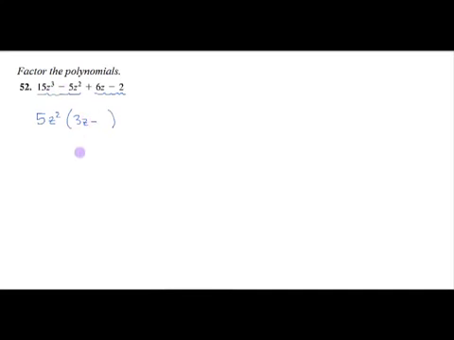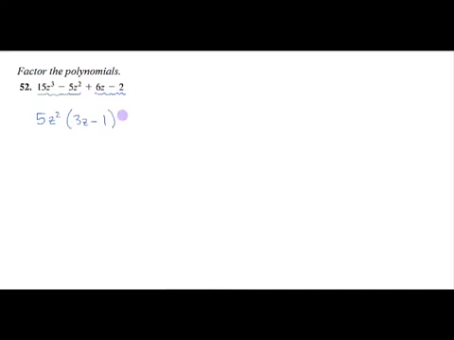Carry down the minus, and 5z squared divided by 5z squared is 1. It's very important that we write that 1. Otherwise, when we multiply back, we would only have a 15z cubed, and we wouldn't have the minus 5z squared.